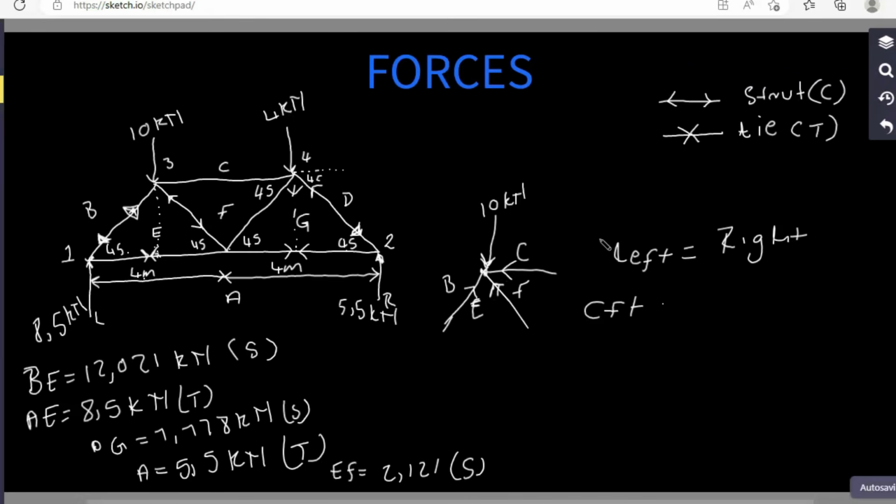We do have EF, so we are going to have 2.121. It's the horizontal component, so it's cos 45 here. It's equal to the component of PE, cos 45.